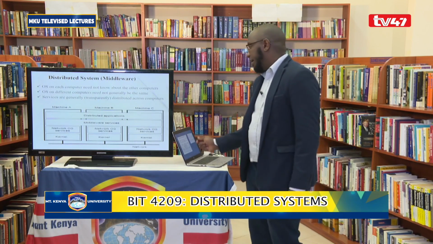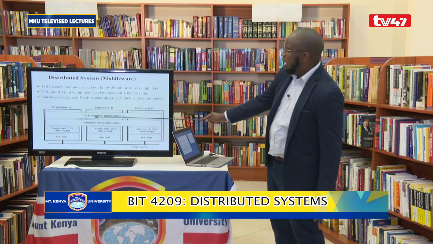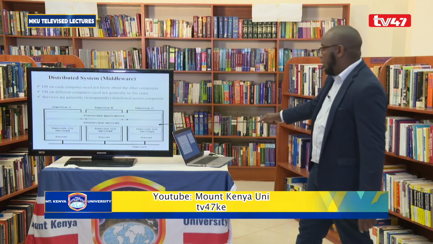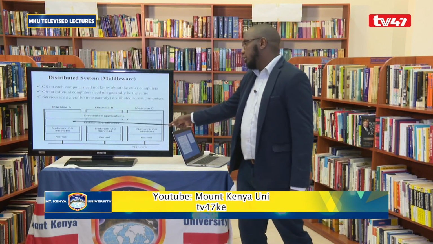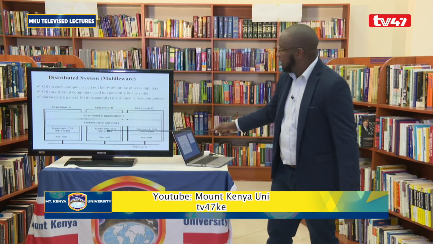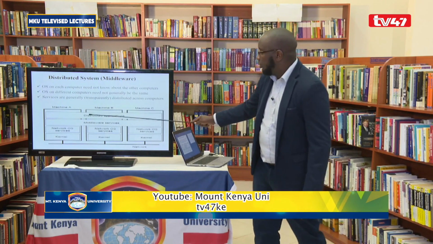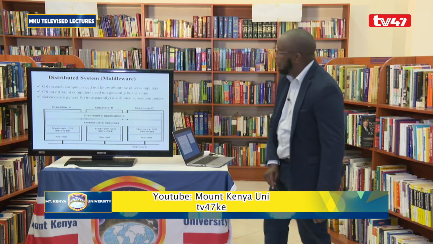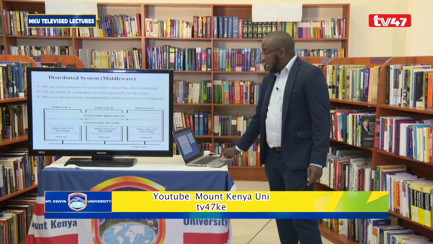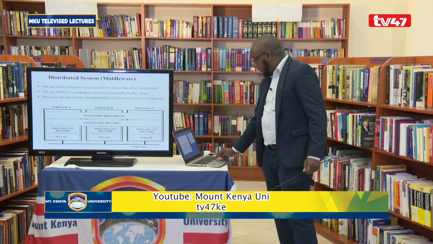So you can see we have the distributed application. Then in between here, you have what we loosely call the broker, which is the middleware. When you understand it, it stands between the application and the network operating system. That will be easier for you. So that's how it is. Let's move on.